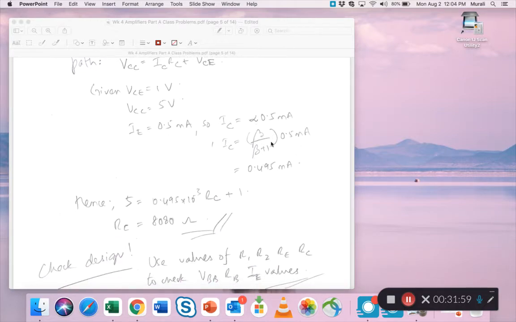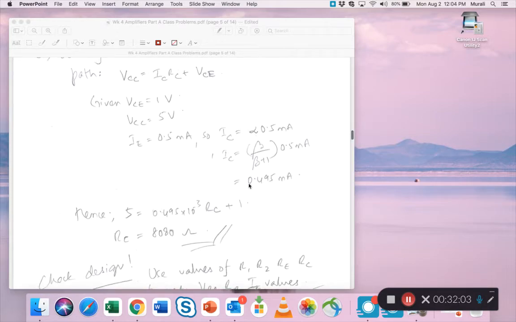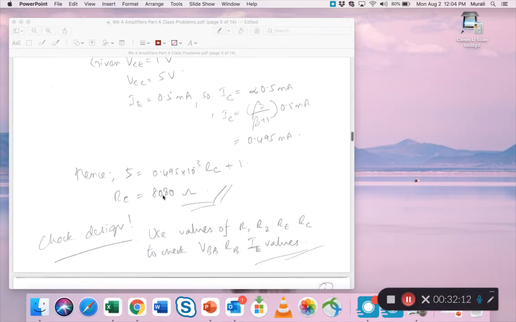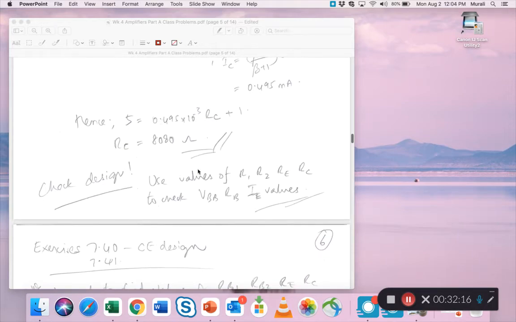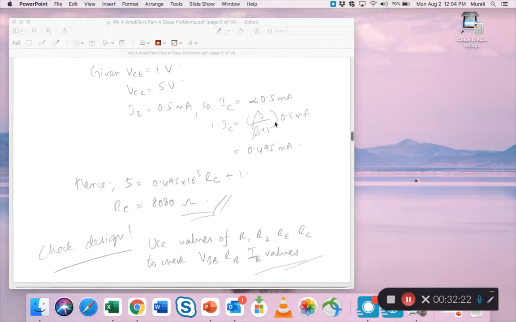Beta, use the nominal value of 100. You come up with the value of IC. So substitute all this in this equation. The only unknown is RC, and RC comes out to be 8 kilo ohms. So I'll leave you to check this. Use the values of R1, R2, RE, RC to check VBB, RB and IE values found above.